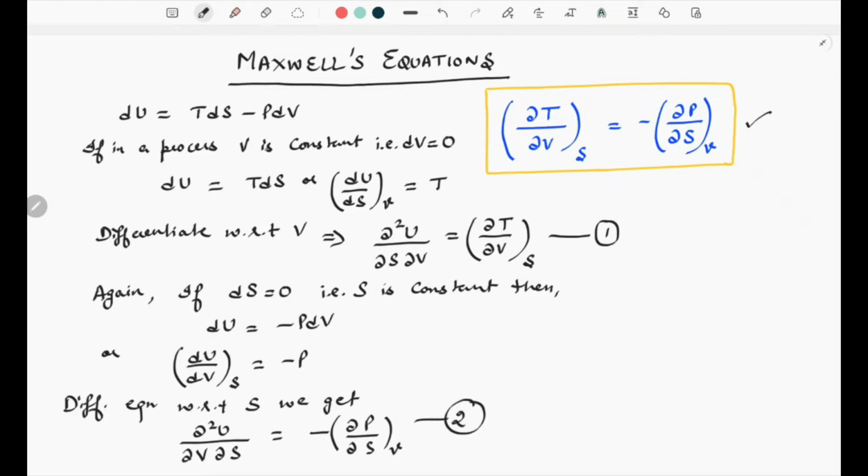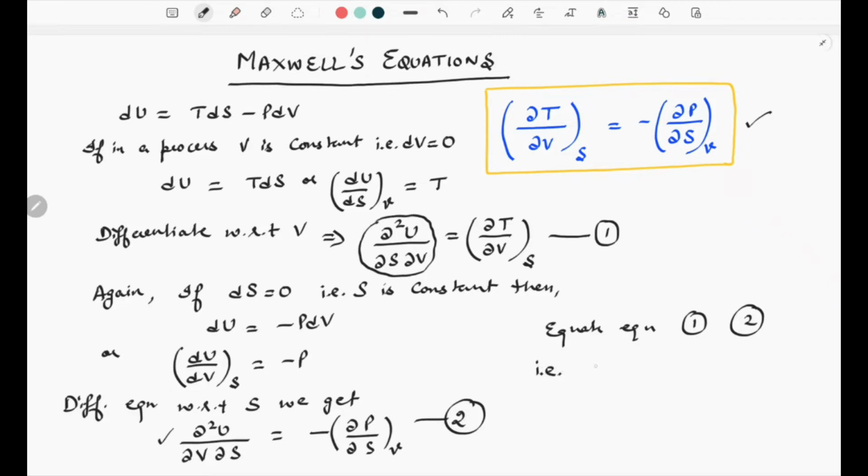If we equate equation 1 and 2, then the left hand side of both these equations is same.